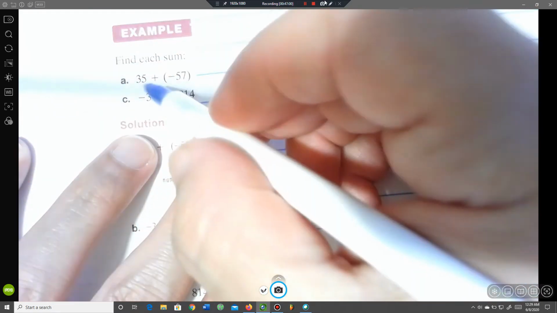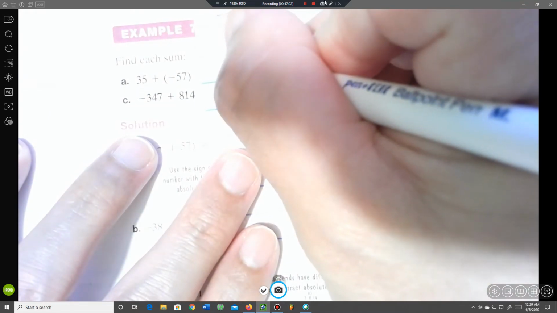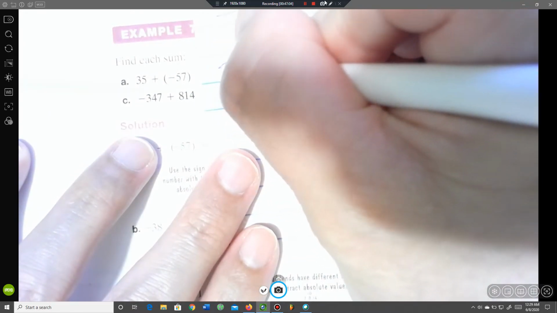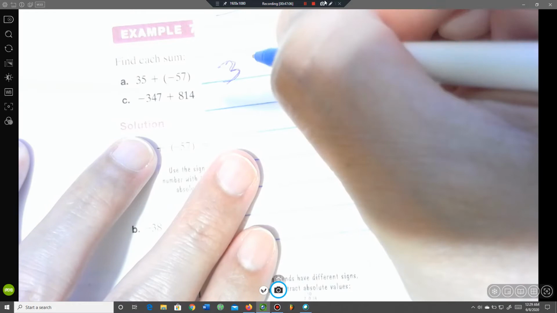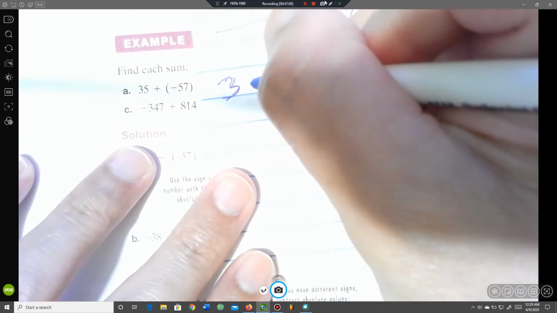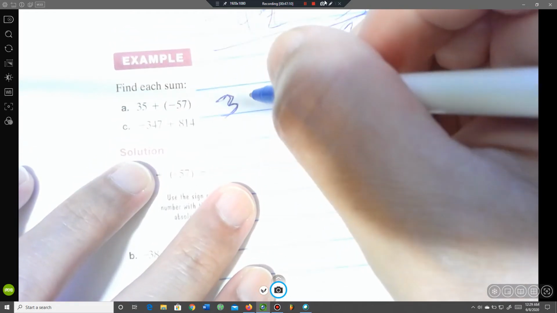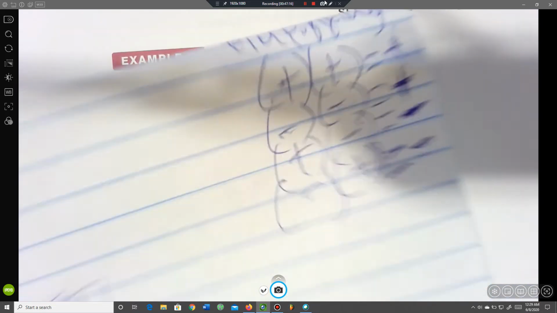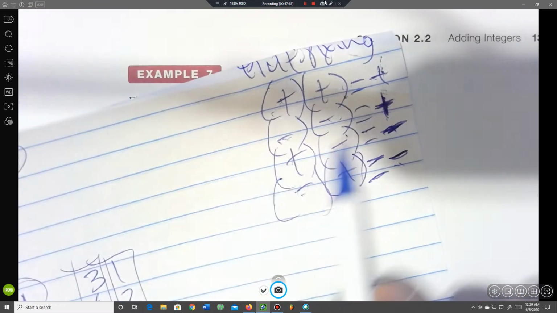Okay, so again, let's start with changing signs. If you see two signs together, go ahead and change them. Use the rules that I taught you before, which are this right here.